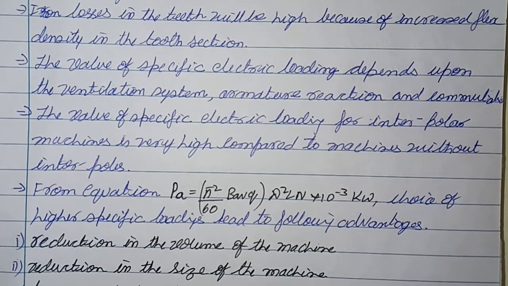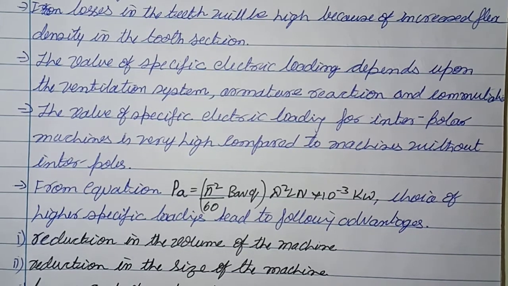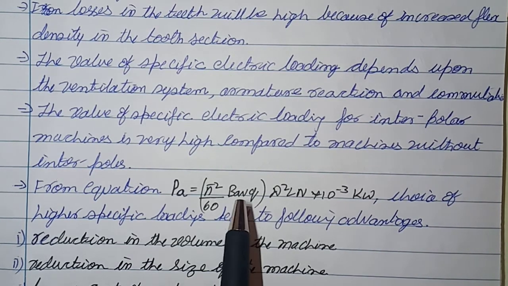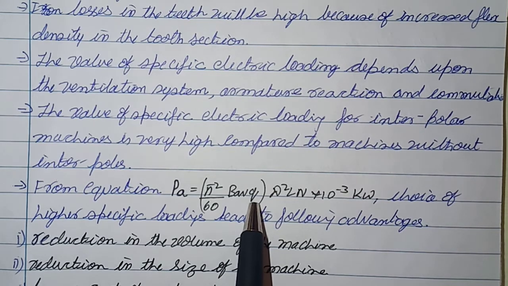Now from the basic equation, that is the power output, the output equation, we have C naught D square L N. So it means here D square L and N, having a higher value of B average, that is the specific magnetic loading, and a higher value of Q, that is the specific electric loading.